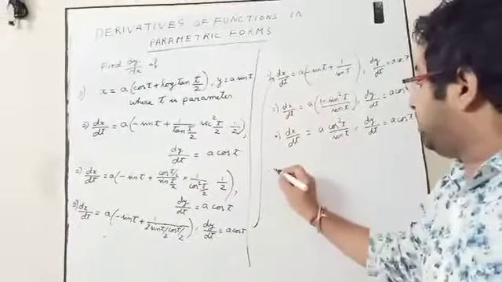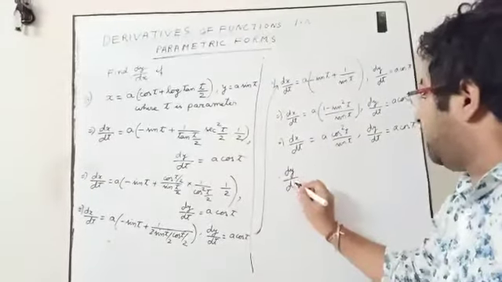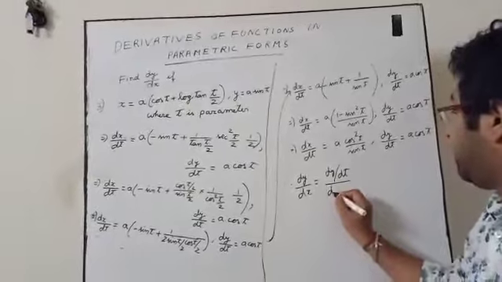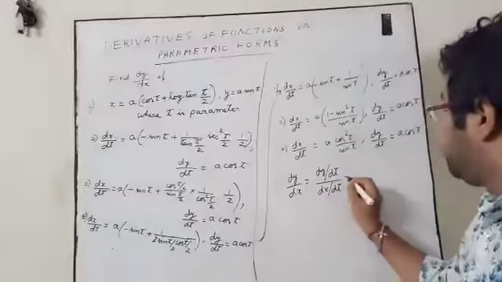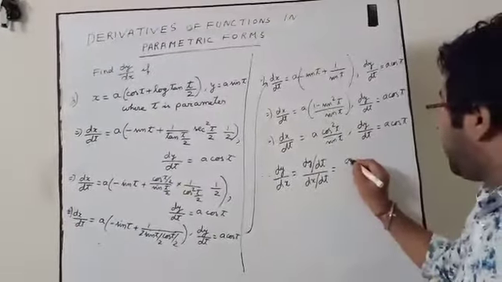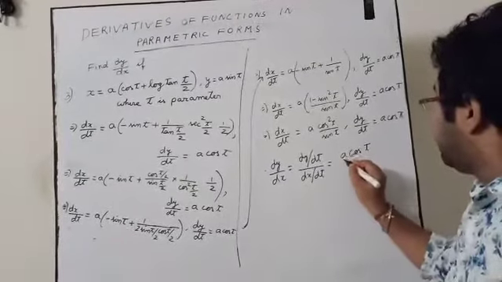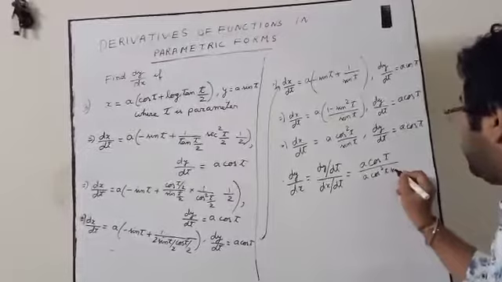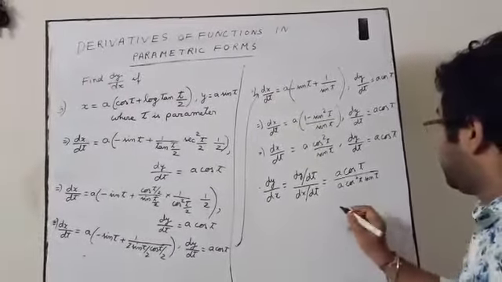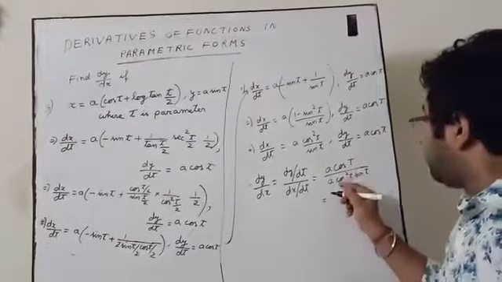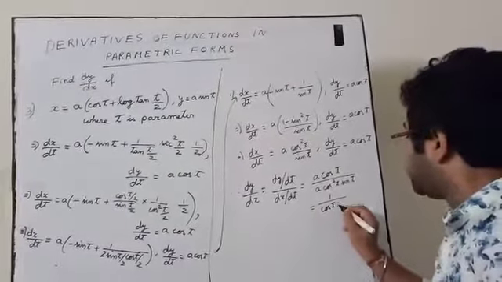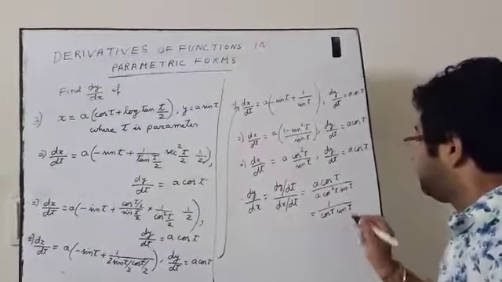So therefore, dy by dx will be how much? dy by dt divided by dx by dt. So what is dy by dt? A cos t, and this will be a cos square t over sin t. So cos t cancels, a cancels, and we are left with 1 by cos t sin t.